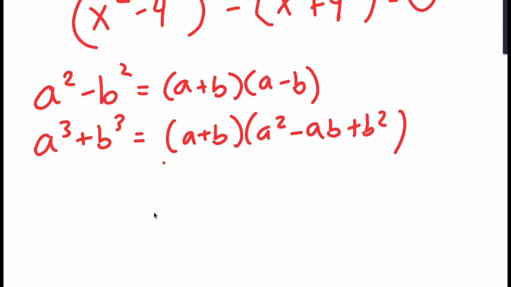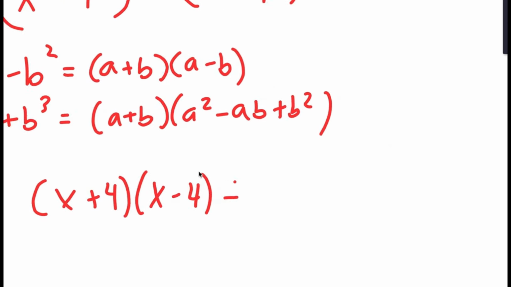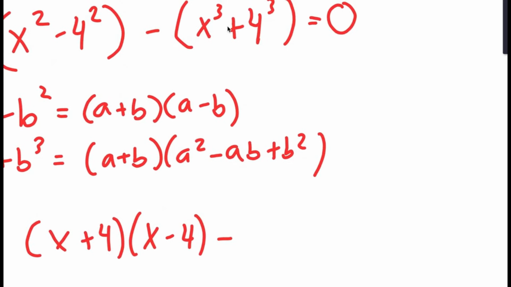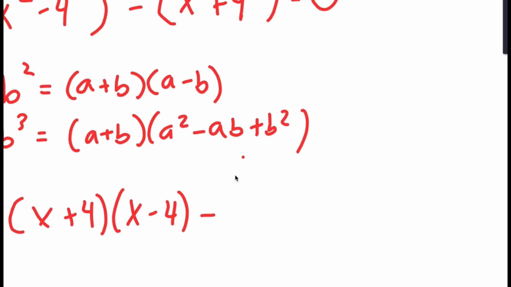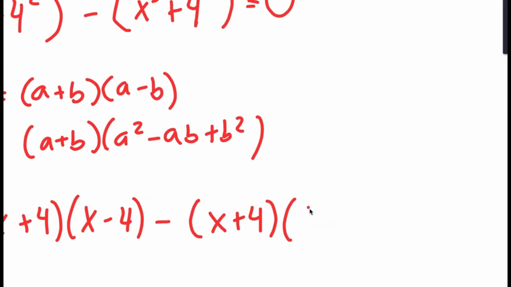So for x squared minus 4 squared, it's going to turn into x plus 4 times x minus 4. And x to the power 3 plus 4 to the power 3 is going to turn into x plus 4 times x squared minus 4x plus 16.